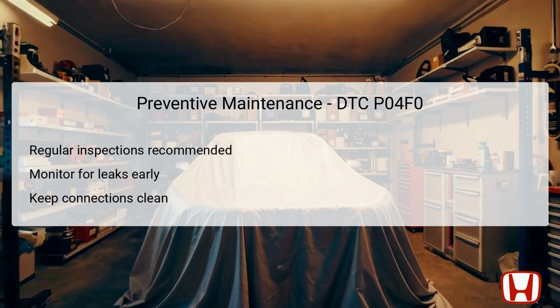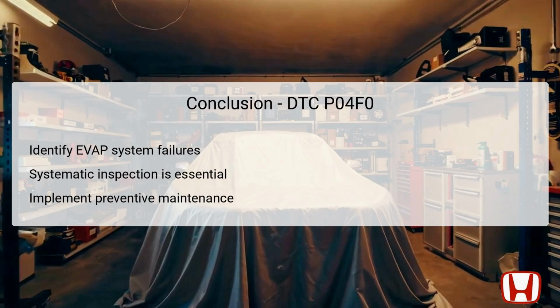In summary, DTC P04F0 indicates a malfunction within the EVAP system related to incorrect purge flow. Systematic inspection and testing of components, such as the EVAP canister purge valve, purge lines, and nozzle, are essential for identifying the specific source of error.